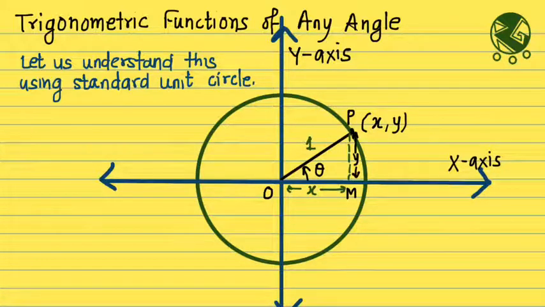OP is equal to 1 because it is the radius of the unit circle. Then we have OM is x and PM is equal to y.